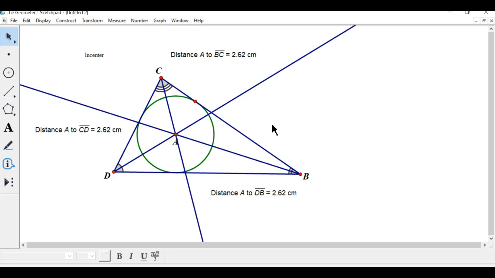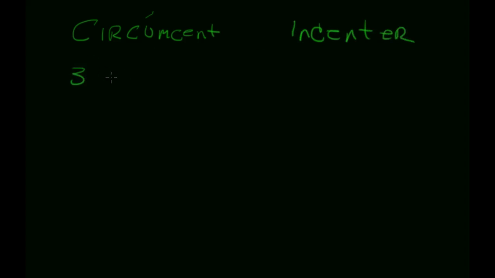Alright, so now we're going to do a summary and pull away what we can from the circumcenter and the in-center. We have a circumcenter and an in-center. The circumcenter is where the three perpendicular bisectors intersect.